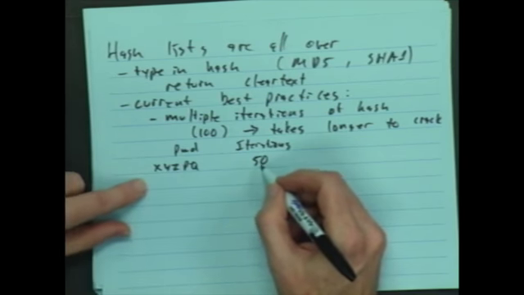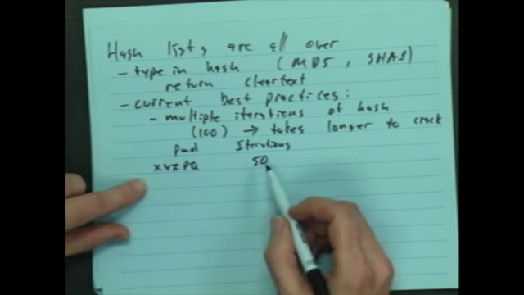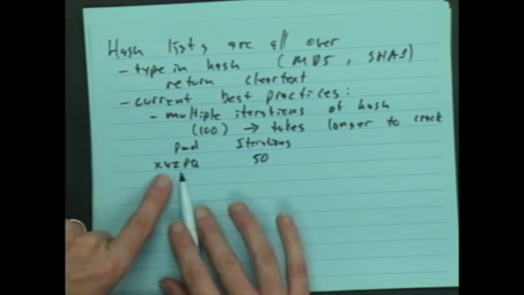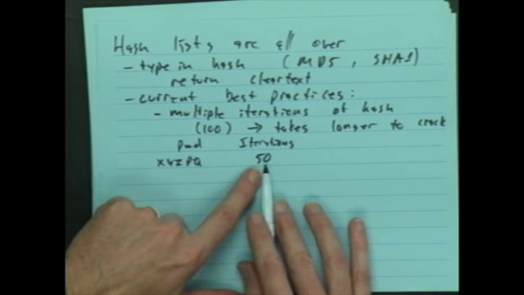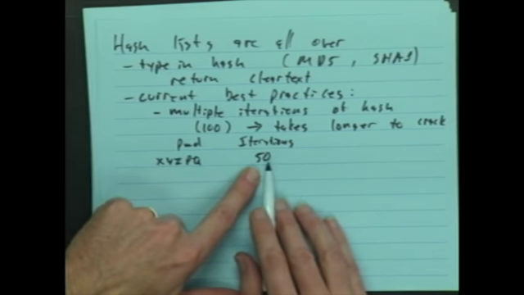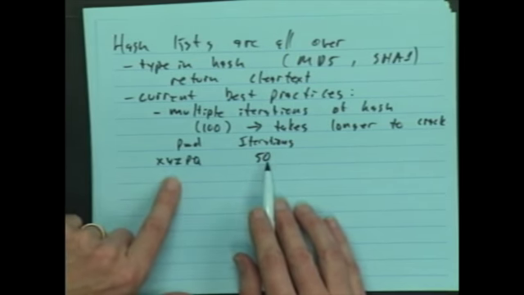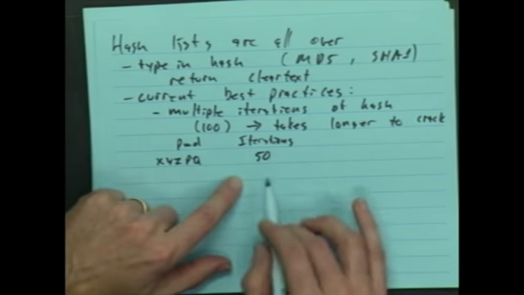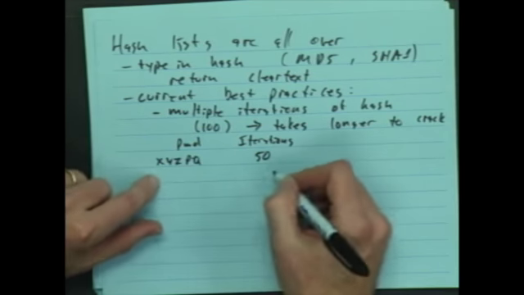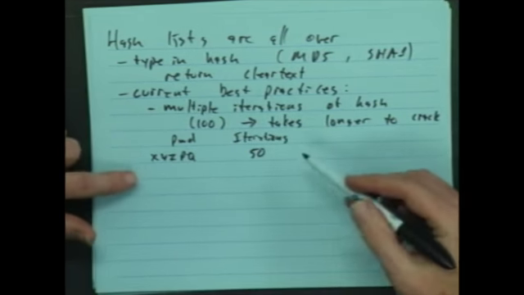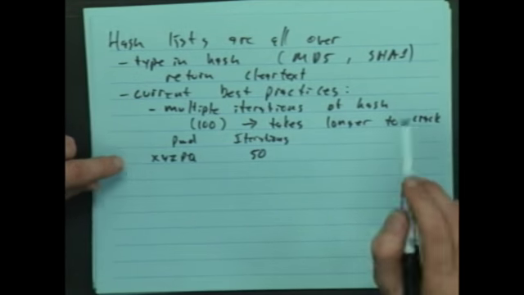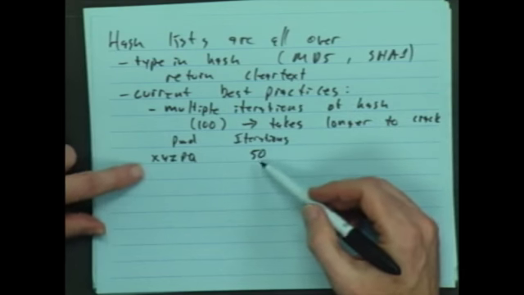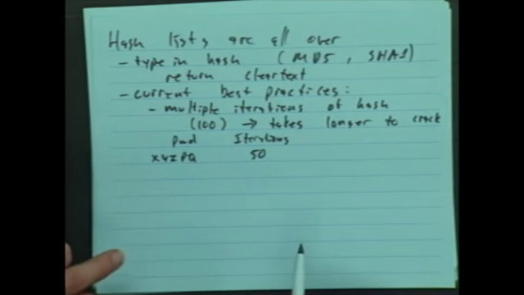The cool thing about storing it in the customer table is, if you decide 50 isn't enough and you need to go to 100, this time when they log in, they type their password and you iterate it 50 times. Then if you want to change it to 100, you just do 100 iterations this time and then you change it. You guys can worry about that later. Anyway, you can change the number of iterations. I can't tell you too much or you will go and try to do this, so don't try to do it.